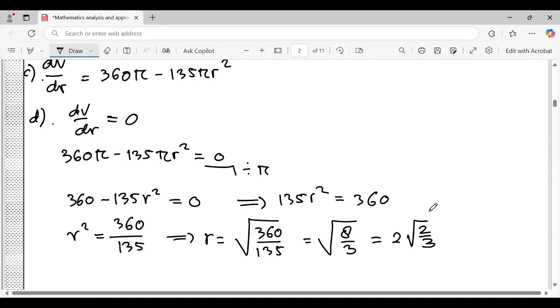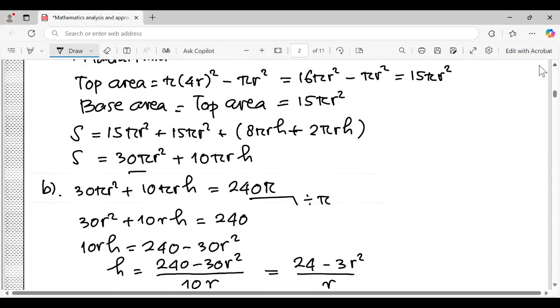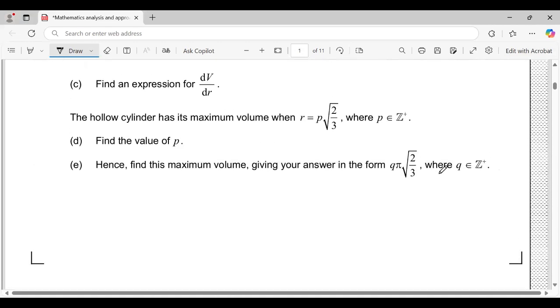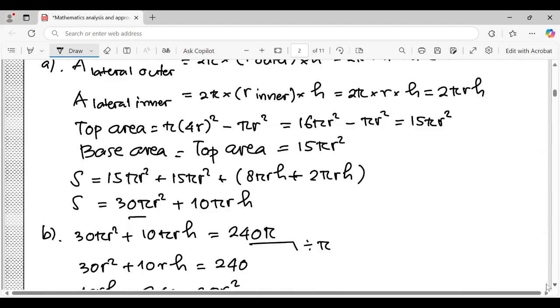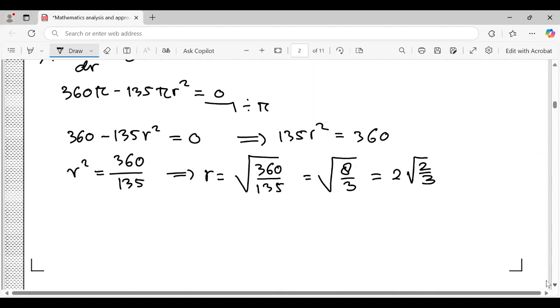If you compare with the question, we are going to find p. So r equals p square root 2/3, so p equals 2. That is 1.